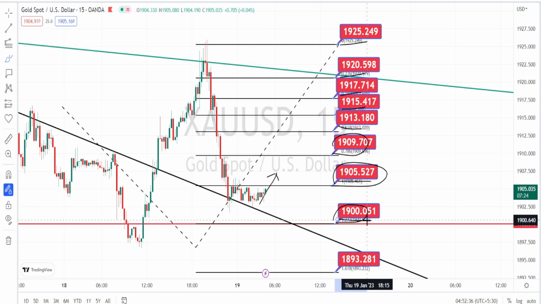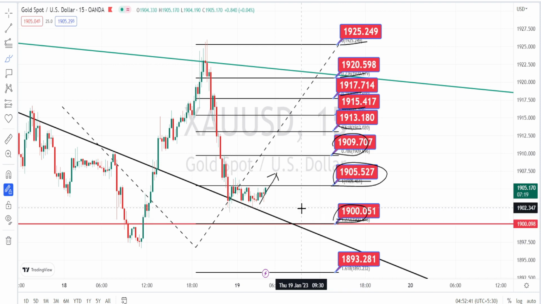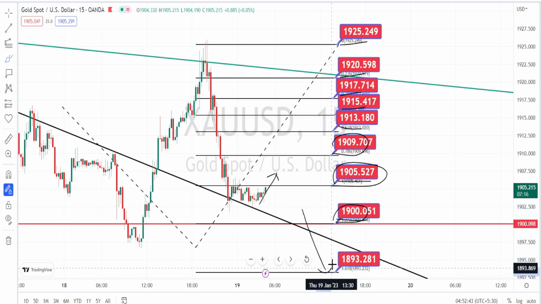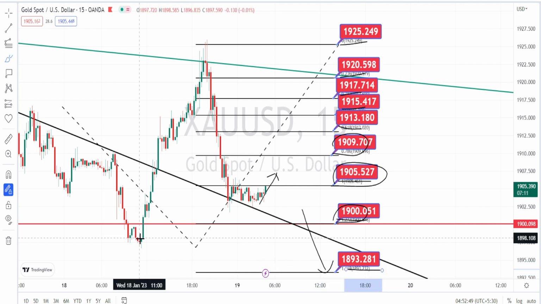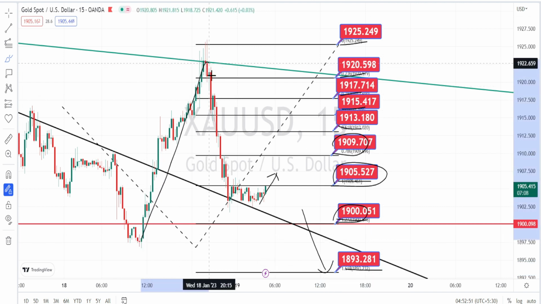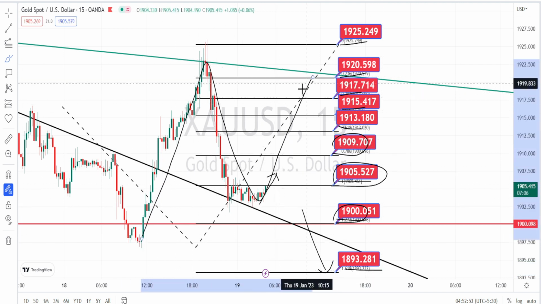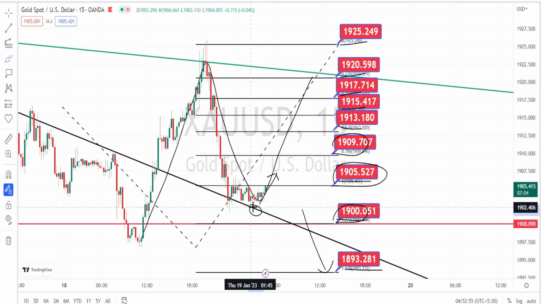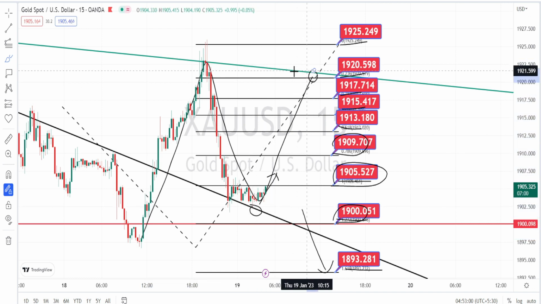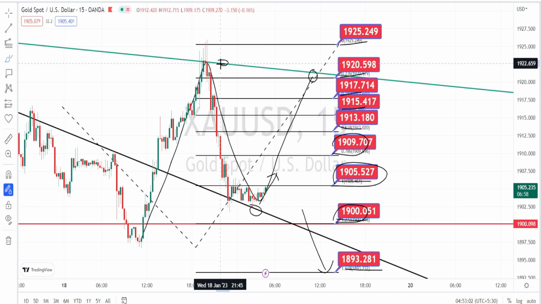And on the bearish side, if the price action breaks the support level of 1900, the next level of support is going to be around 1893. And the current trend of the price action is a consolidation within this support line from the 30 minutes time frame and the resistance line from the hourly time frame.